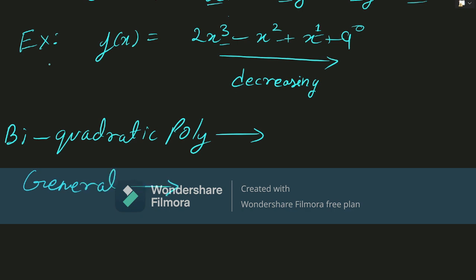General form is ax to the power 4 plus by to cube plus c z square plus d u to the power 1, then e equal to 0.